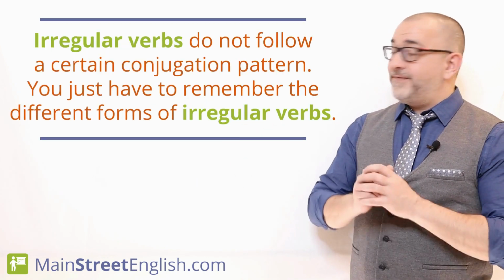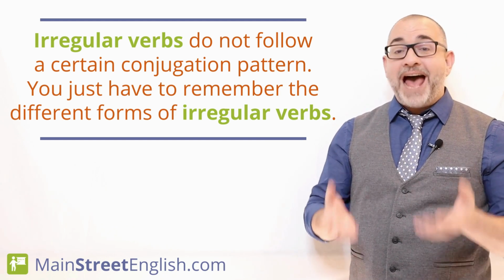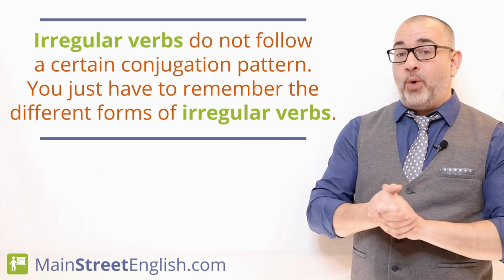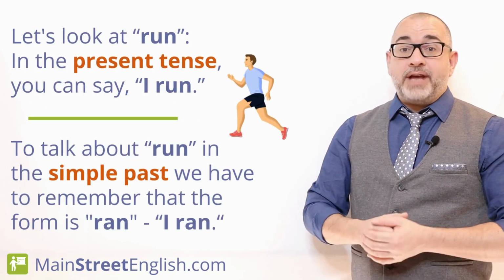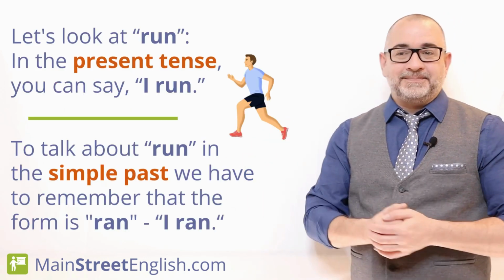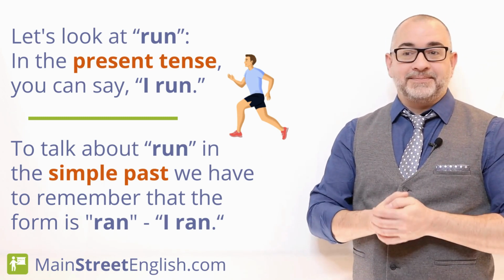Irregular verbs do not follow a set conjugation pattern. You just have to remember the different forms of irregular verbs. Let's look at the verb run. In the present tense, you would say, I run.